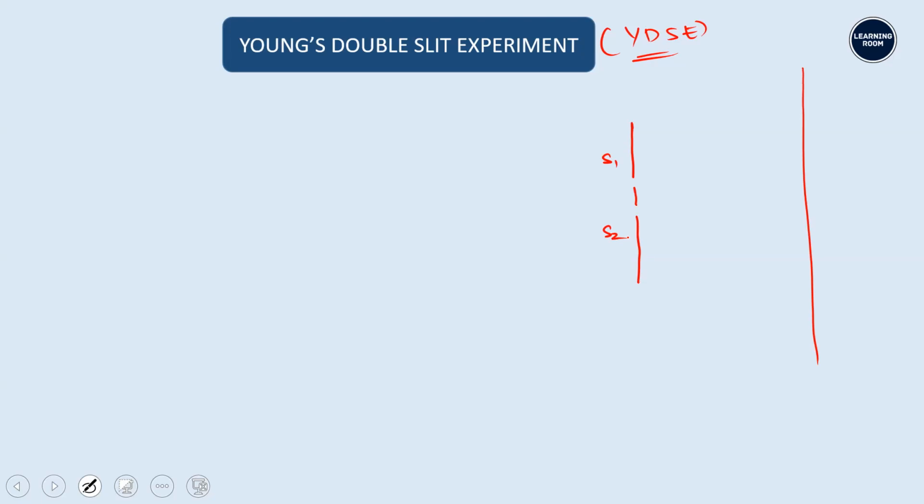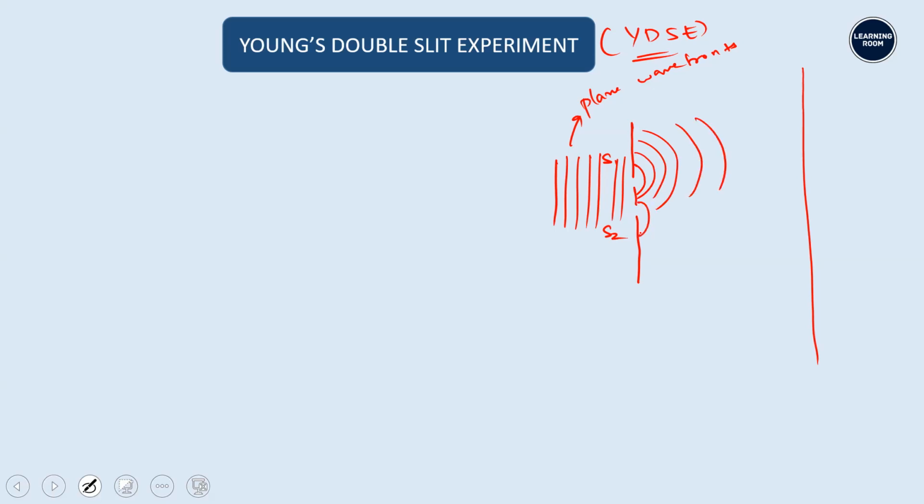Okay. So generally what happens is, when you have the plane wavefronts coming, these are the plane wavefronts, as soon as they hit this slit, they start getting converted into spherical wavefronts like this.